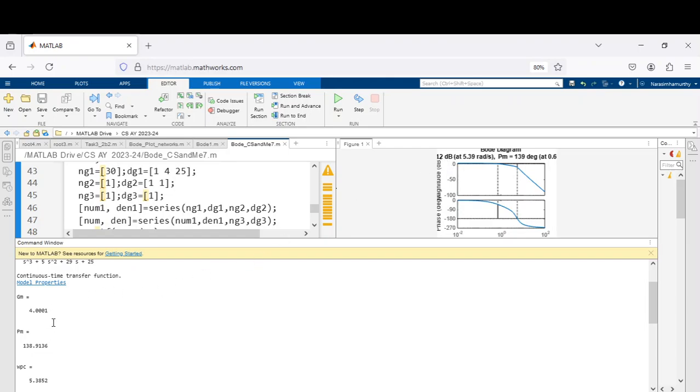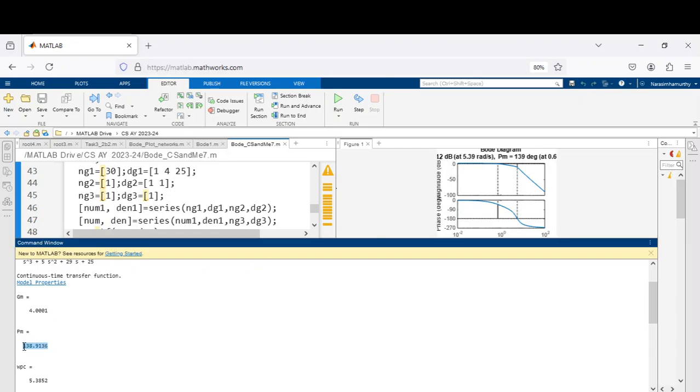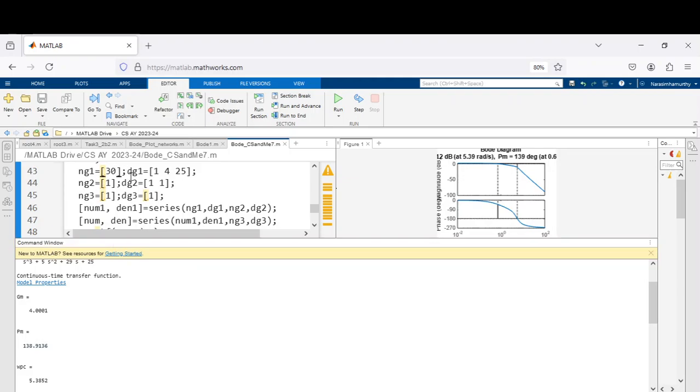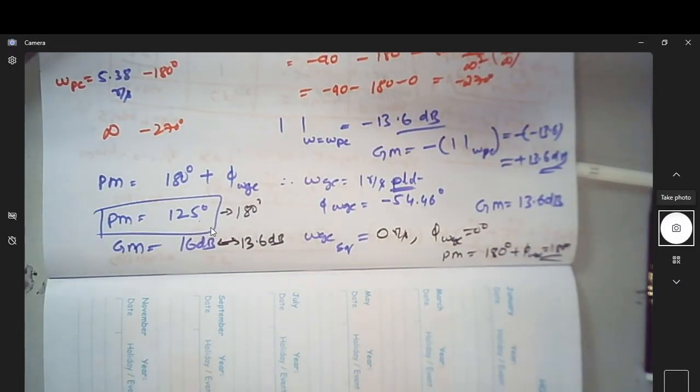So please note that this phase margin, if I substitute this as 25, here in the calculation we got the phase margin as 180 degree in actual value, that is using calculation, which is 180 plus, because this phase is equal to 0 degree.